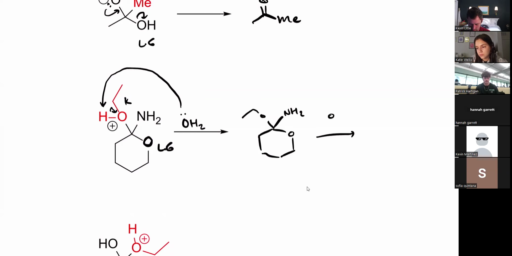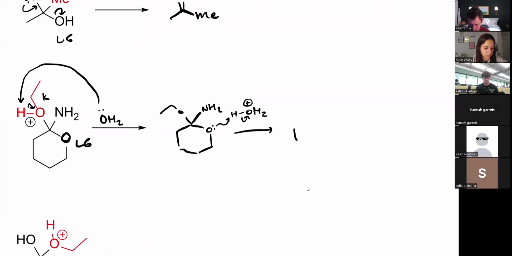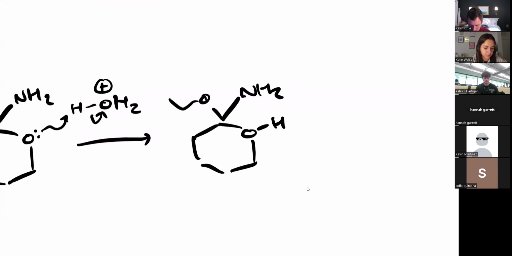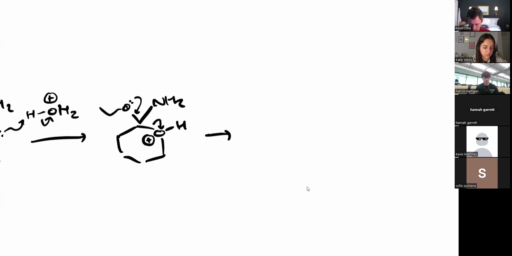Now that the water has taken the proton, I can have my leaving group take that proton, and I am here. Now I've activated my leaving group. I've made it as good as it can be, and I can do the collapse and kick step.